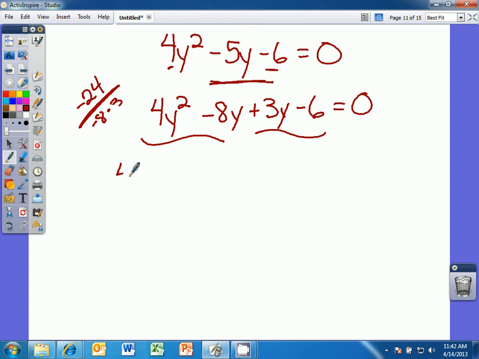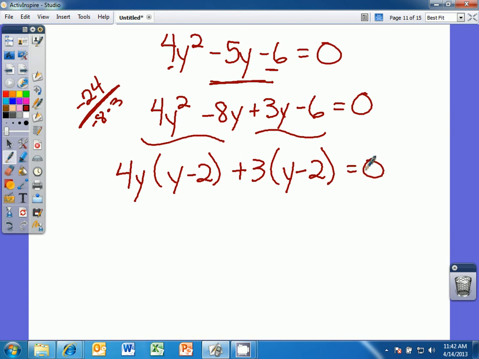4y can be factored out of the first two terms, leaving me with y minus 2. And a 3 can be factored out of the last two terms, leaving me with a y minus 2. So I recognize now a common factor in both of those expressions, and that's the y minus 2.